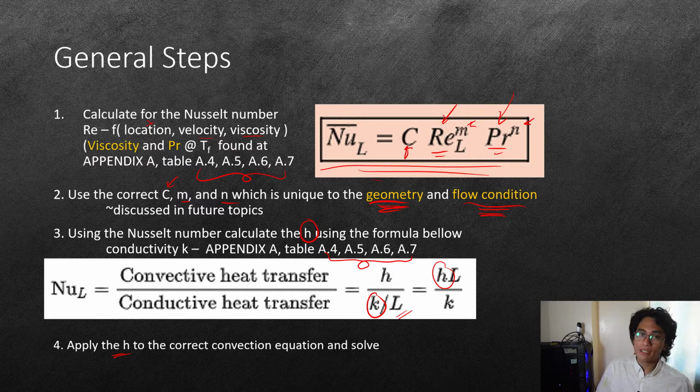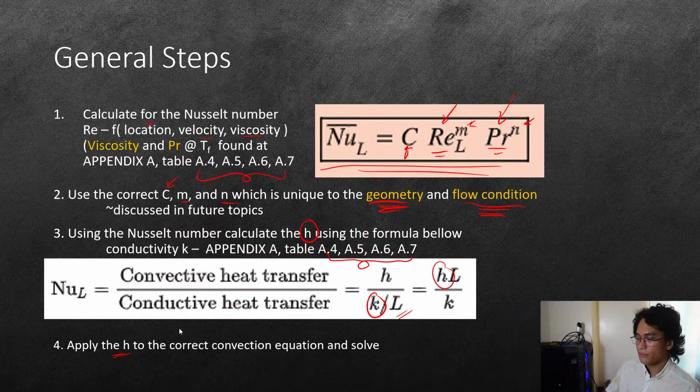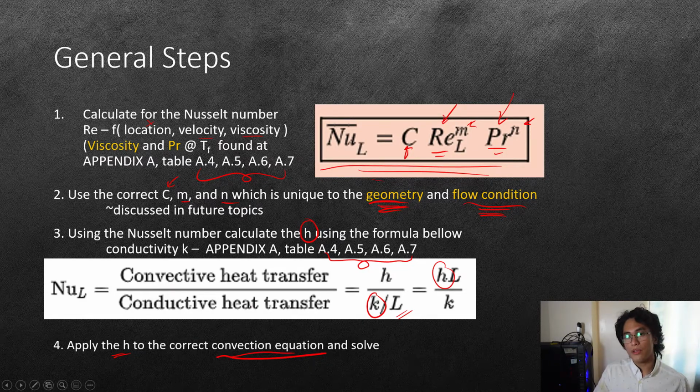So it's as simple as that, and complexities here could be found if there would be multiple sources of heat transfer. For example, there would be conduction involved and radiation involved, which will ultimately affect what the convection equation will be, because we need to, of course, look at our thermal circuit.